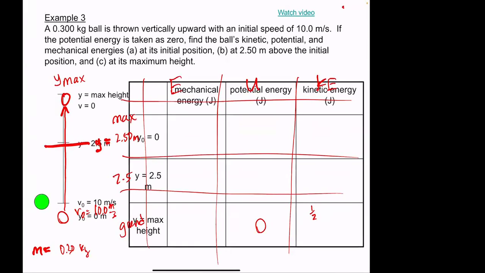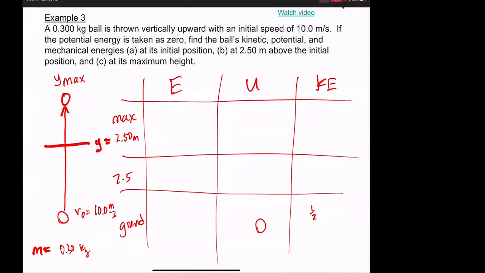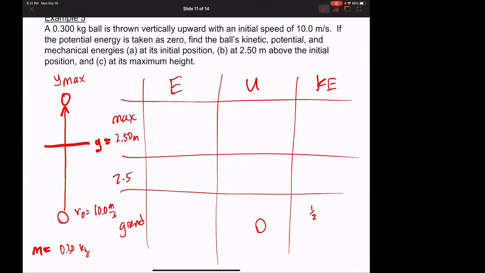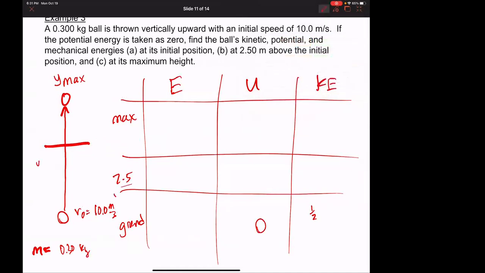Oh my goodness. All right, so here's our chart.